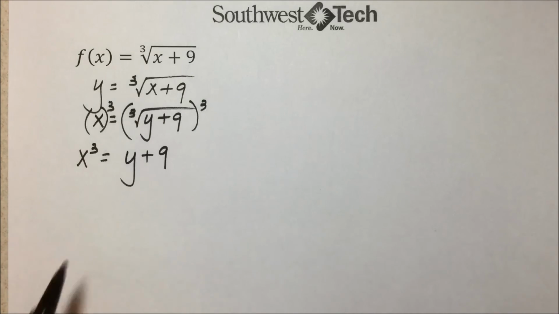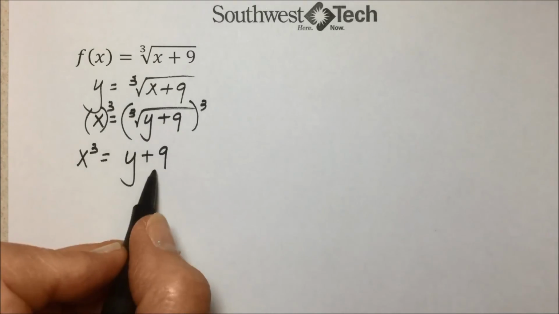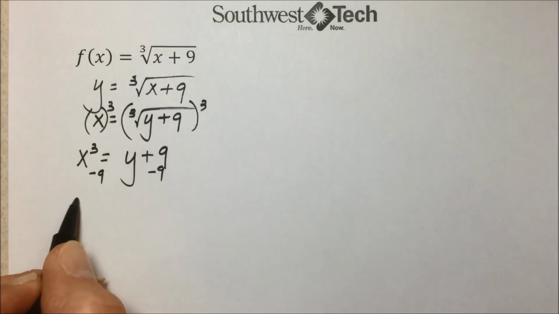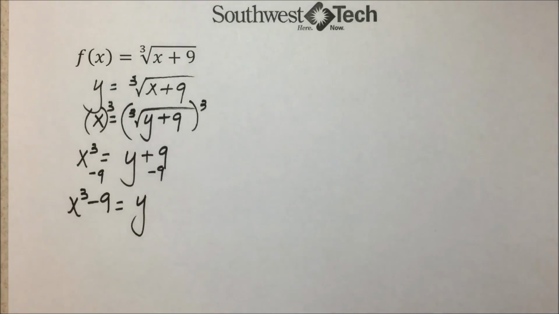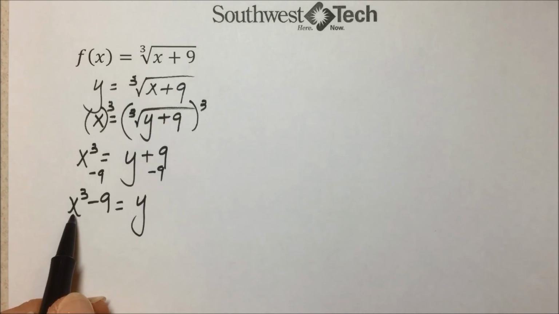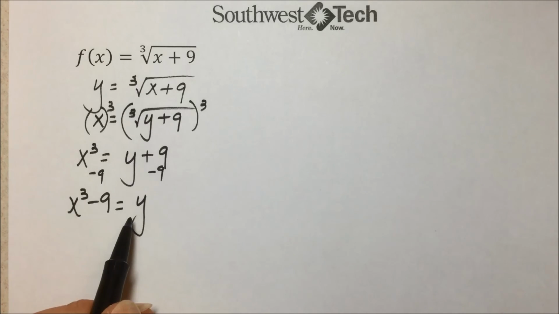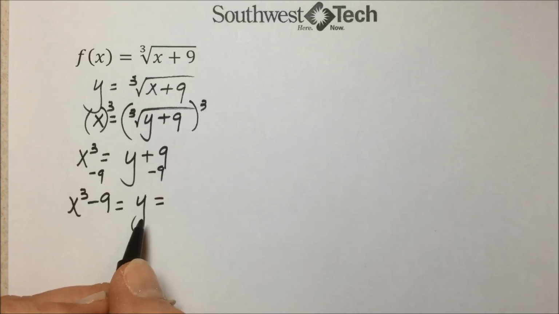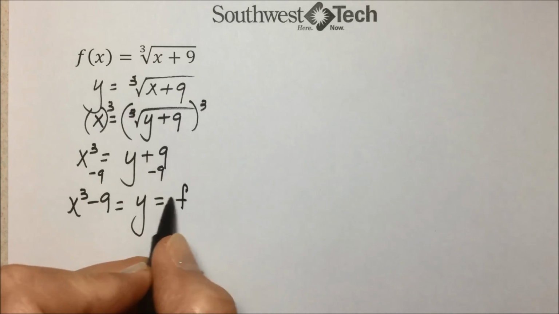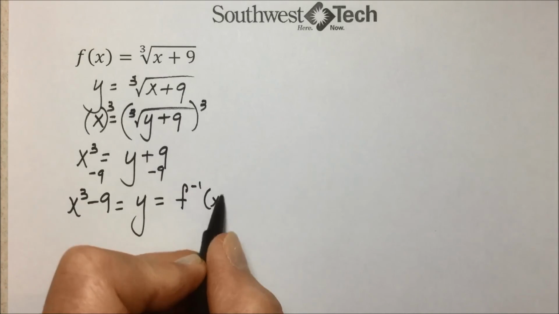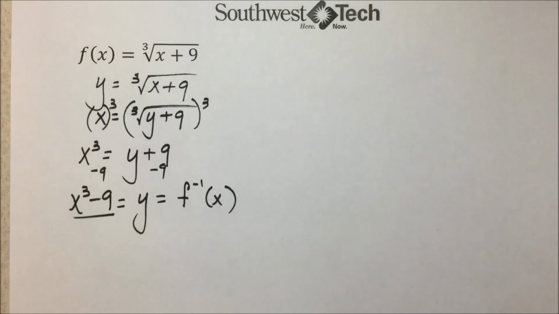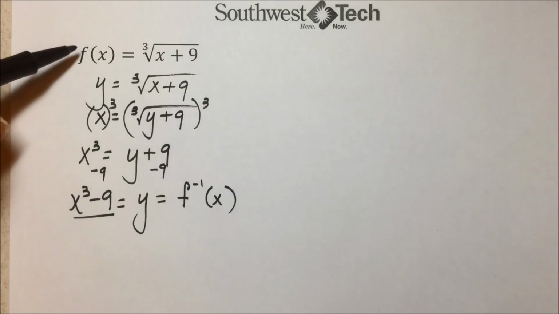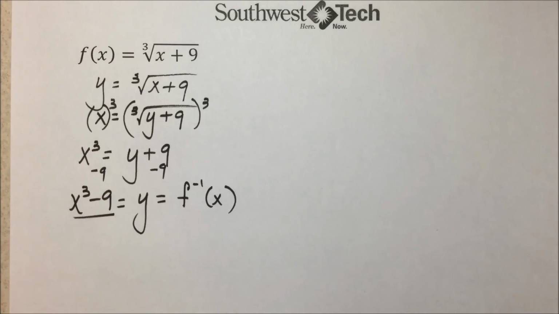And to solve for y, we'll subtract a 9 from each side, which is leaving us y uniquely solved in terms of x after switching the two. So this was a success finding the inverse, and the only thing left then is to use the inverse notation for our solution. This original function is one-to-one because we have its inverse.